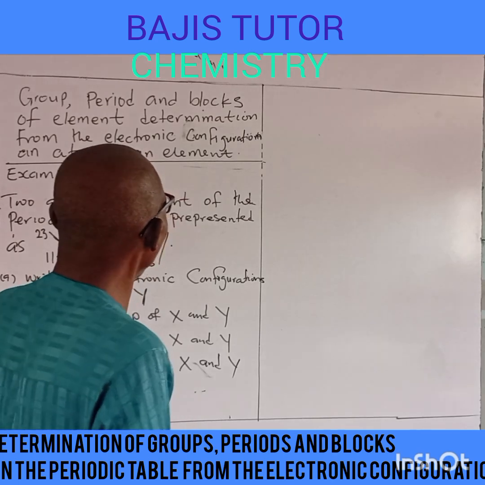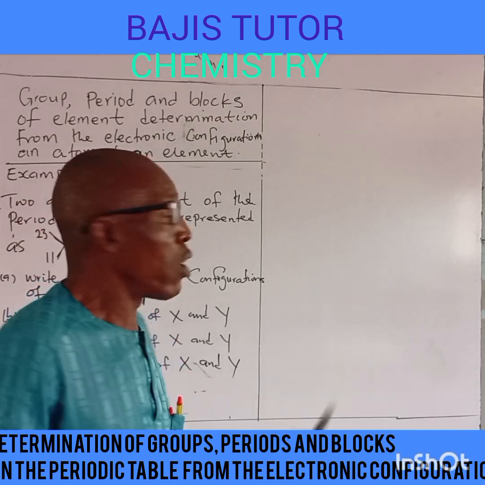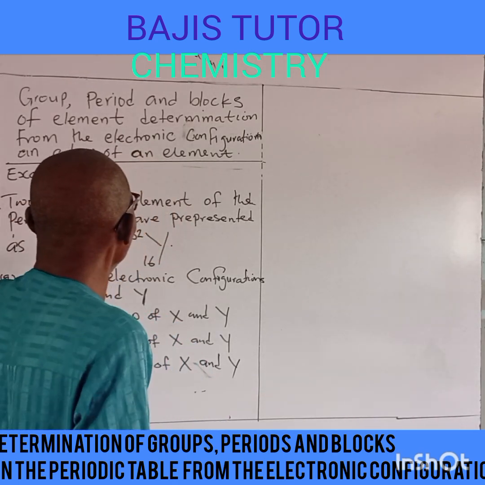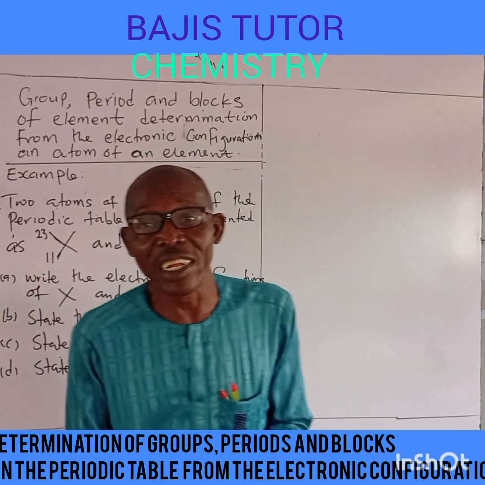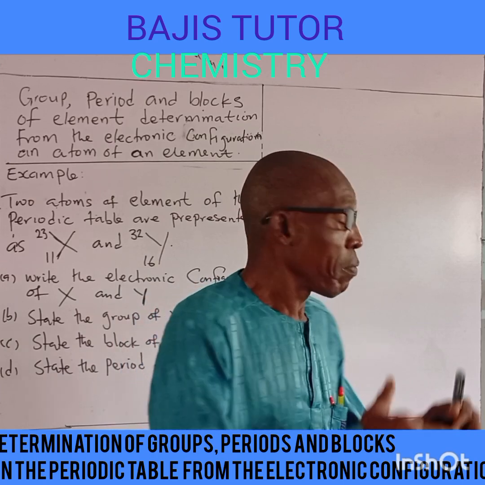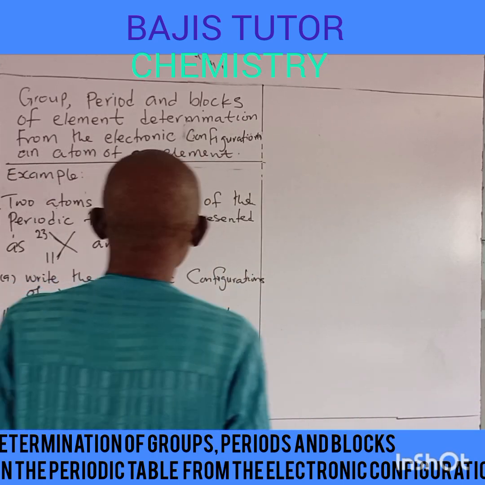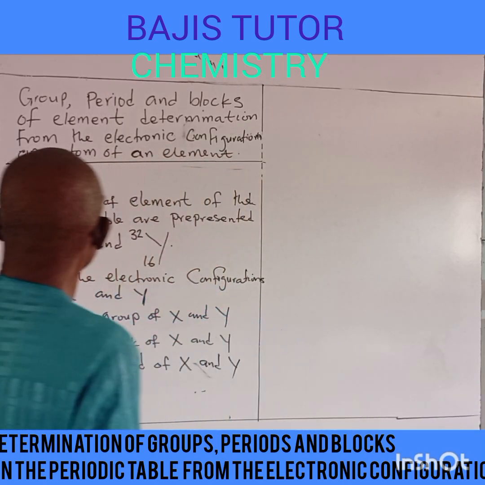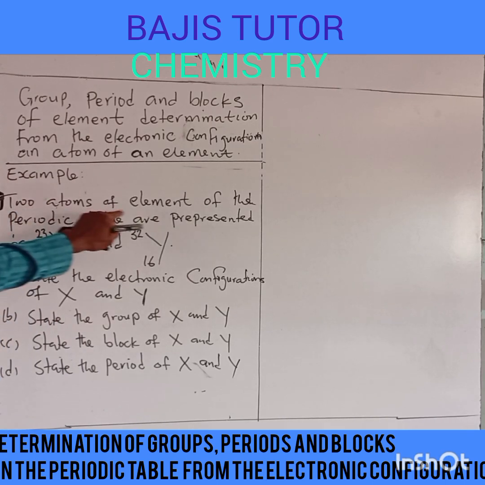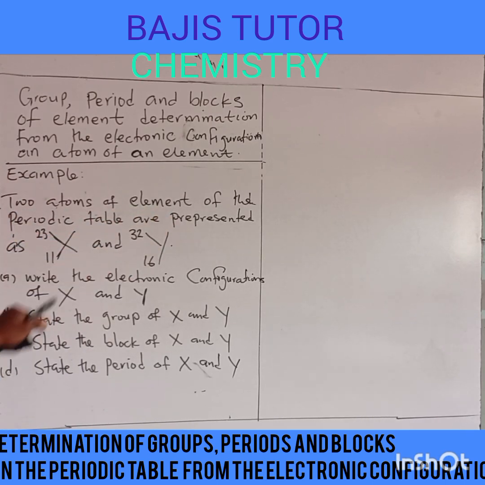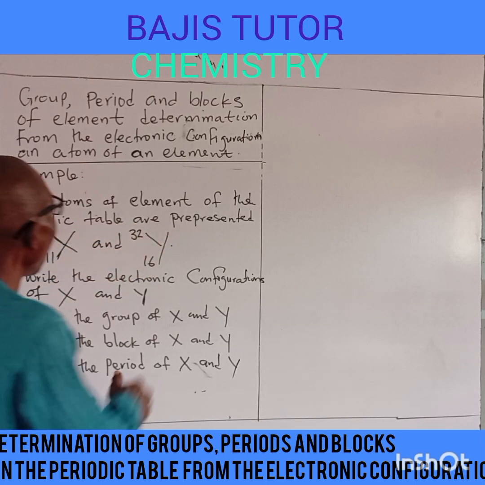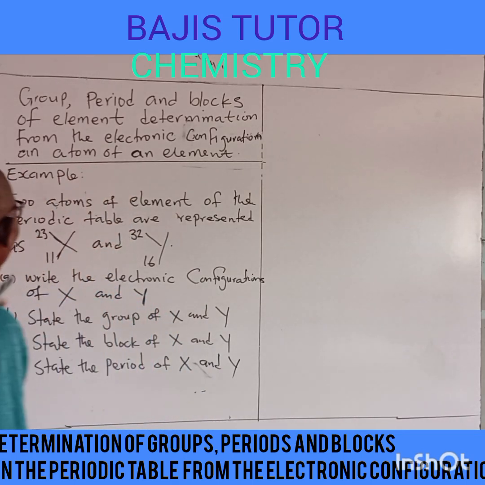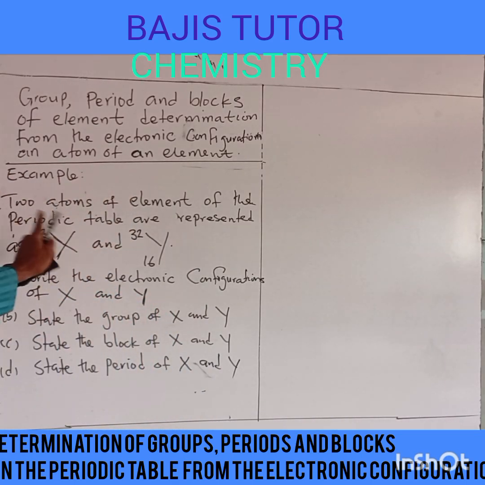And we can also, from the electronic configuration, determine the kind of chemical reaction it is likely going to take part in. Now, look at it. We have two atoms of elements of the periodic table represented as X 23, 11 and Y 32, 16.